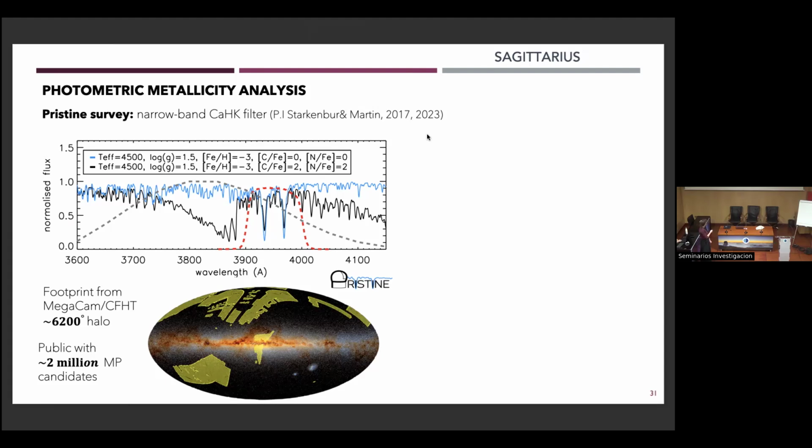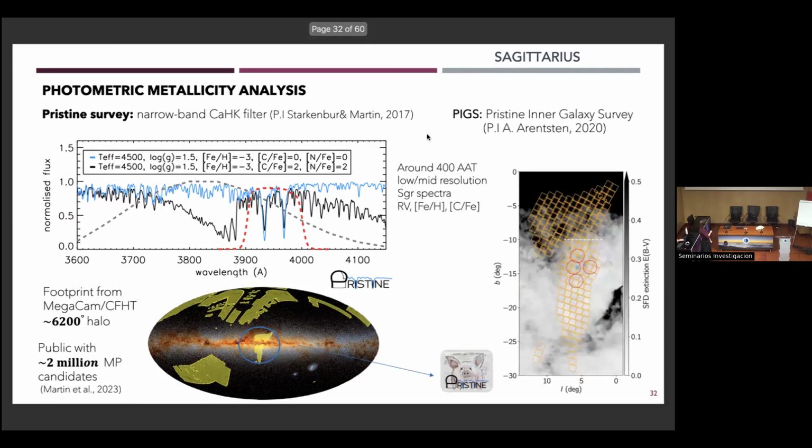And now there's even a public catalog where photometric metallicities have been computed for around 30 million stars with Gaia broadband photometry. But Pristine has a sub-survey, which is called the Pristine Inner Galaxy Survey, that is targeting the inner galaxy, and that also has some fields over the Sagittarius region.